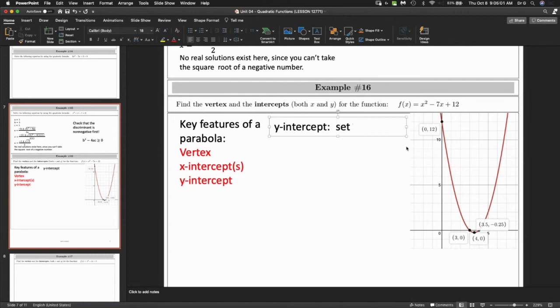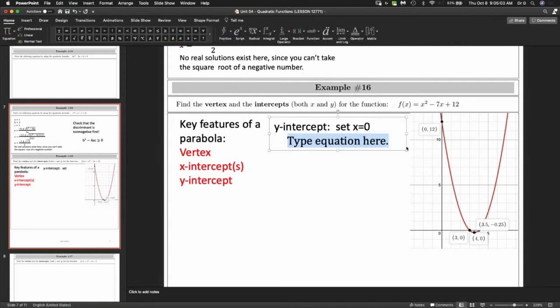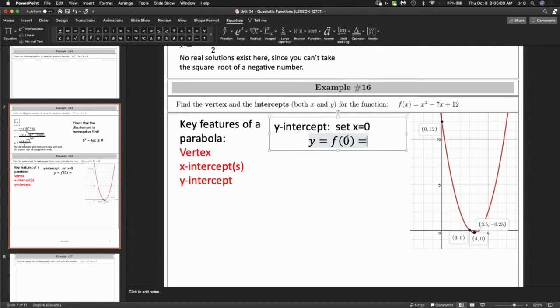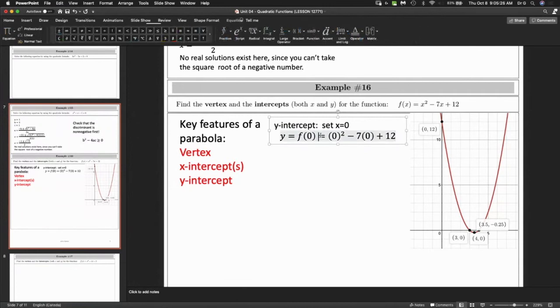For the y-intercept, you just set x equal to 0. You get y equals f of 0. If you're rusty with function notation, you'll have to catch up on it because you need it for the calculus part of the course. It is under grade 11 math. Anyway, what does y equal?